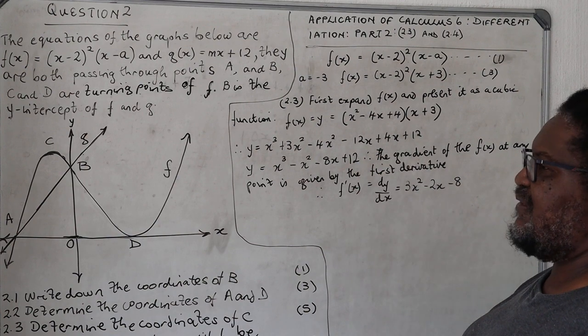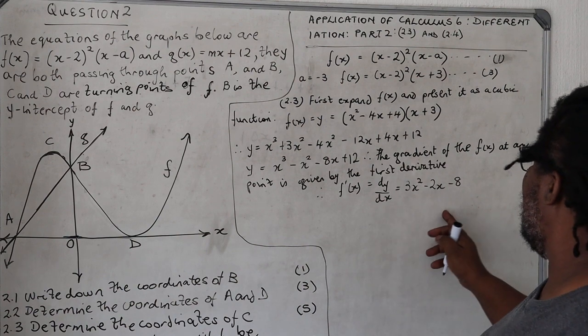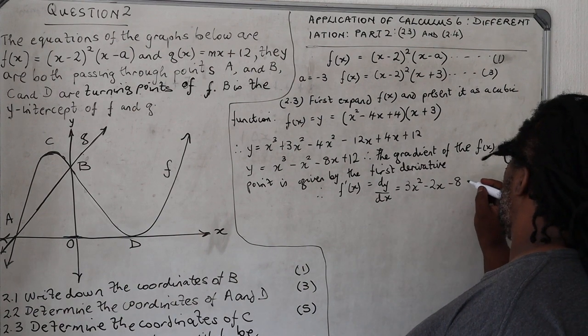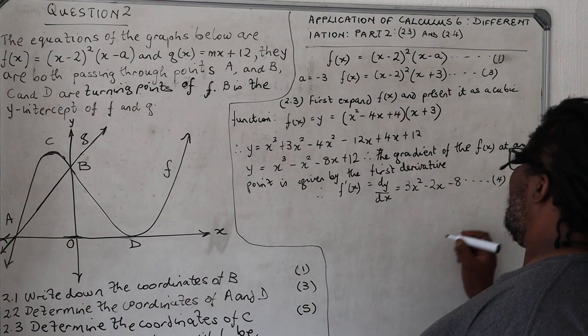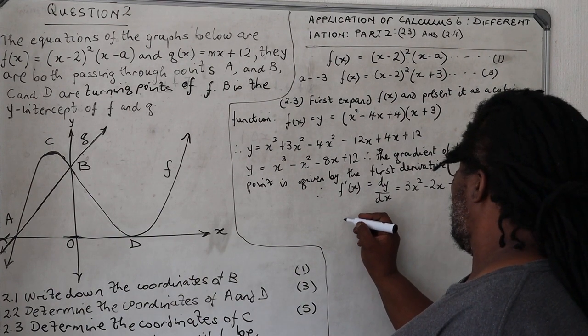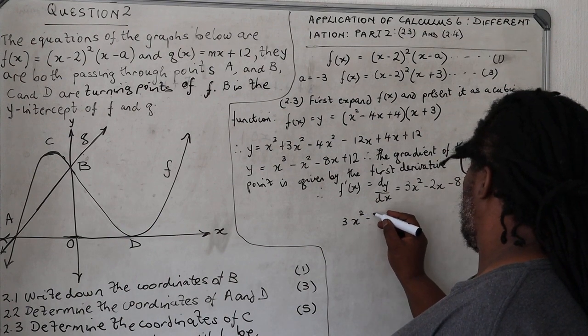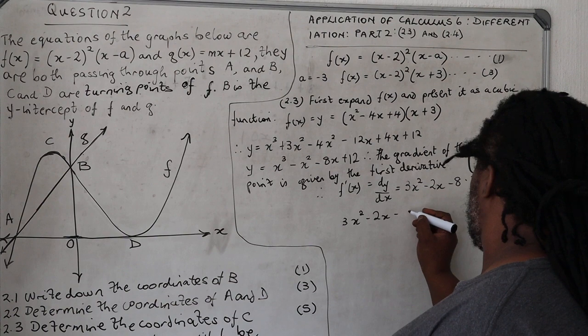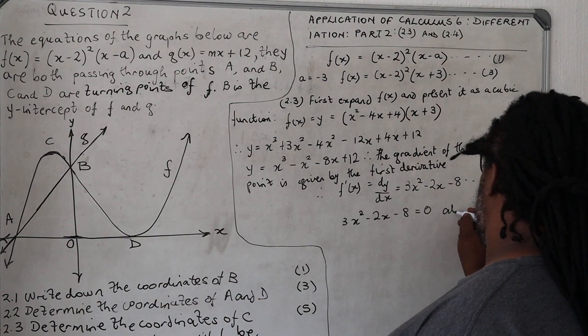And the constant goes to 0 when we differentiate it. So this we can call our equation 4. So then we say 3x squared minus 2x minus 8 is equal to 0 at C.